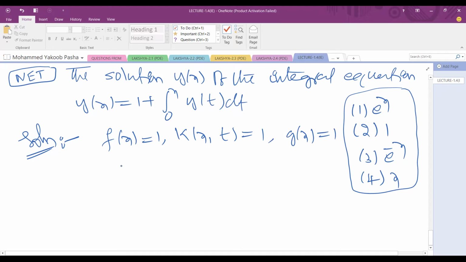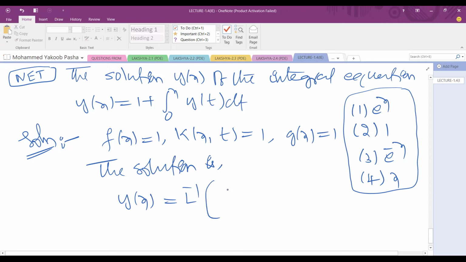So the solution is, write the formula. y of x is equal to inverse Laplacian of f of x by 1 minus lambda into Laplacian of g of x.